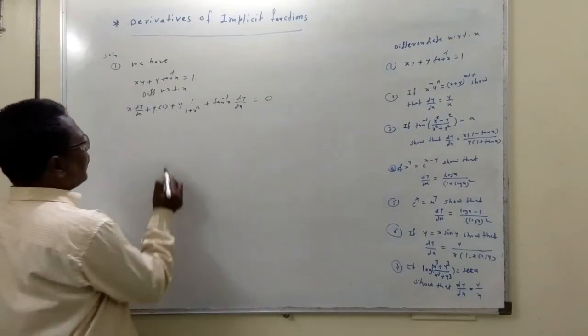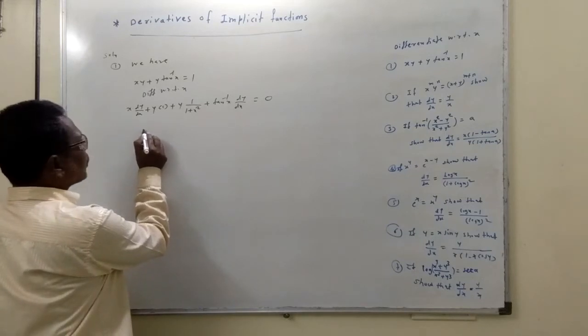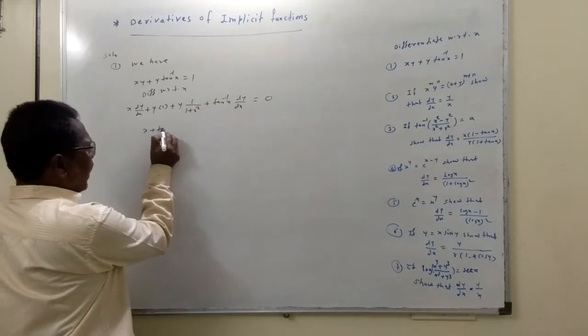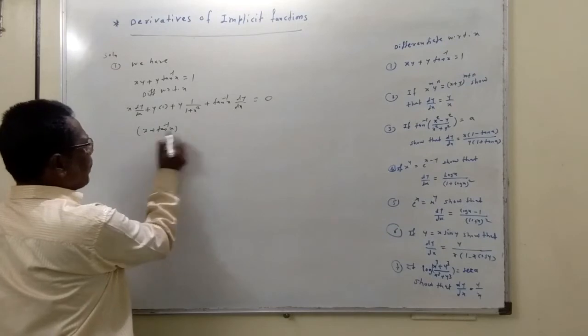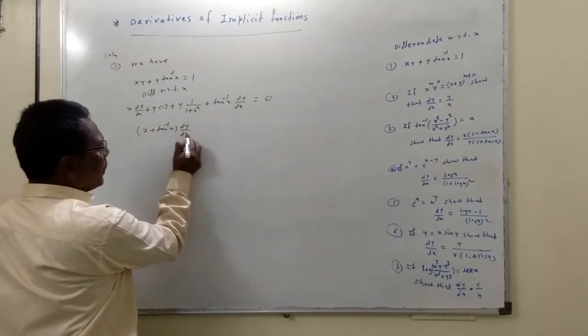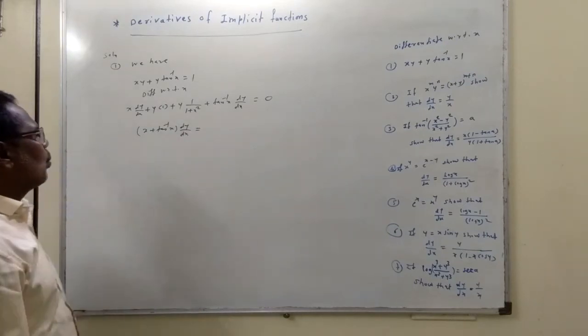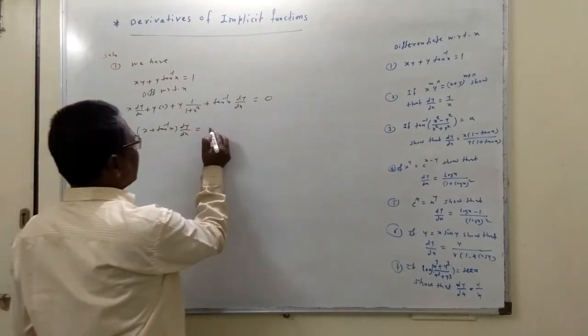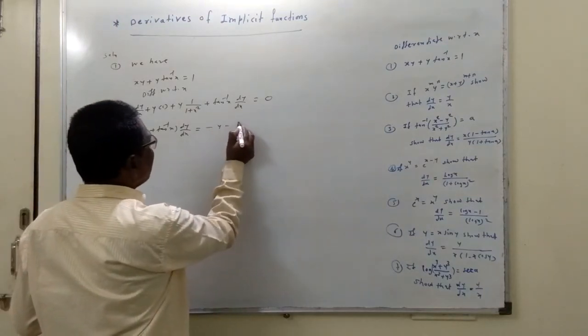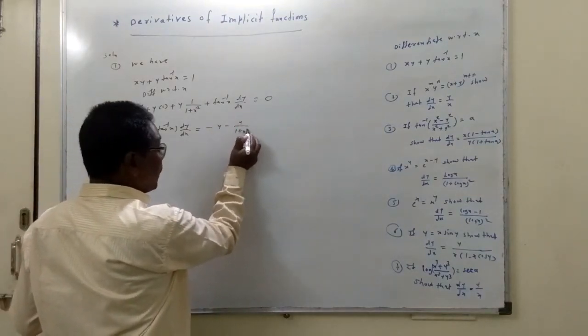Now our requirement is to find dy by dx. So x plus tan inverse x, dy by dx, we take common outside, and the terms in which there is no dy by dx we transfer to the right side. So minus y upon 1 plus x square.